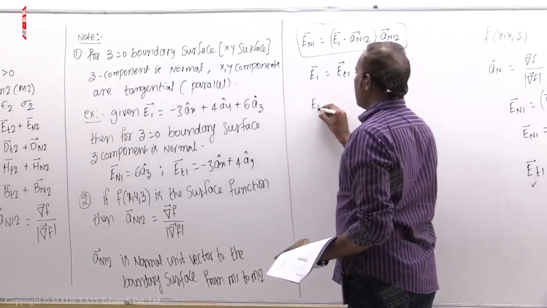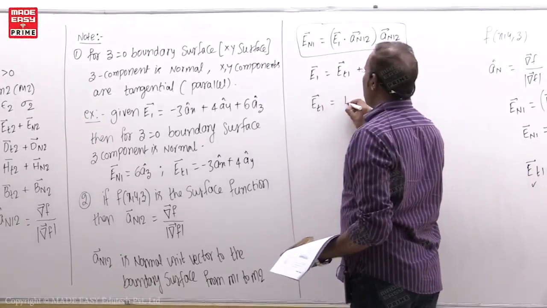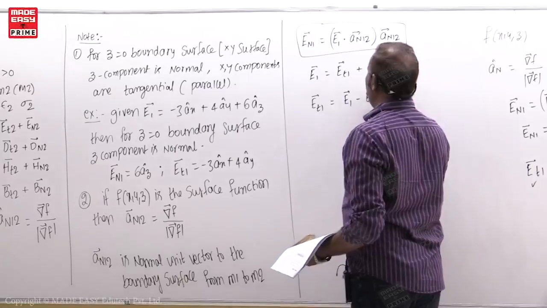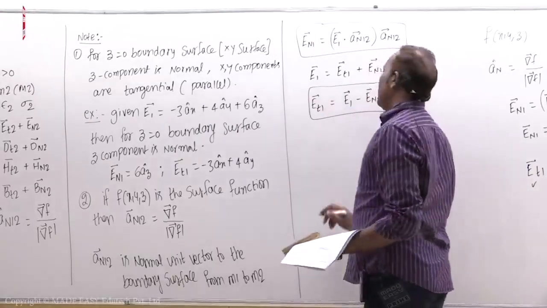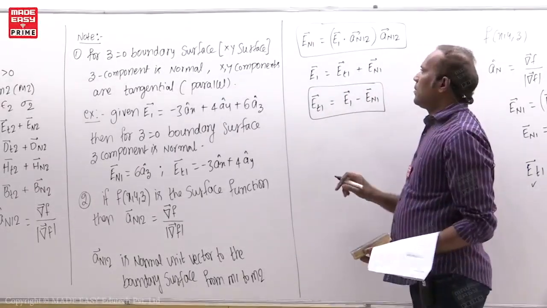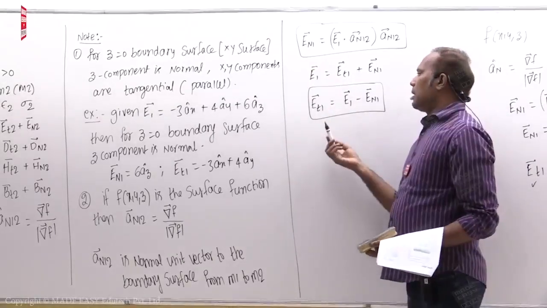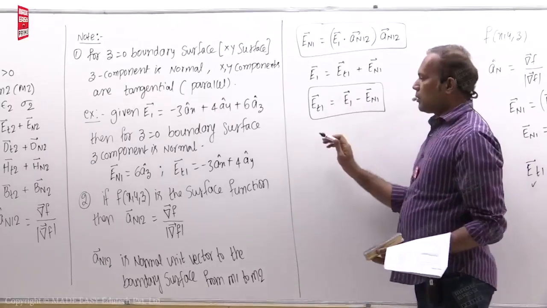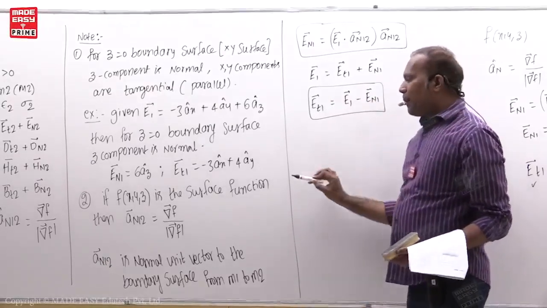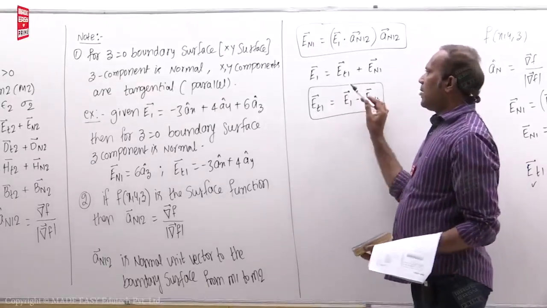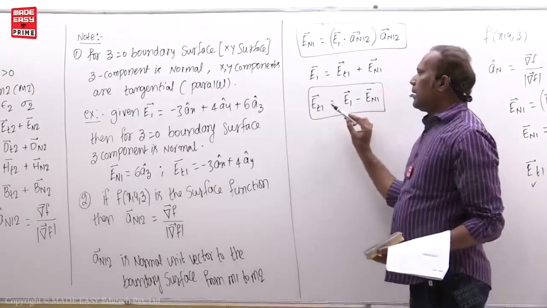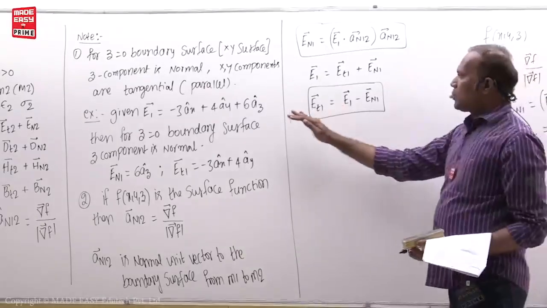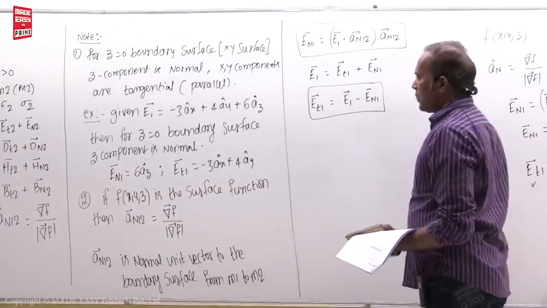From this, Et1 bar is equal to E1 bar minus En1 bar. So this is the way. If E1 bar is given, then you can find En1 bar. Then E1 bar minus En1 bar gives Et1 bar. If any complicated surface is there, then this is the procedure to find the tangential and normal components. Okay, so these 2 points you have to remember, students.